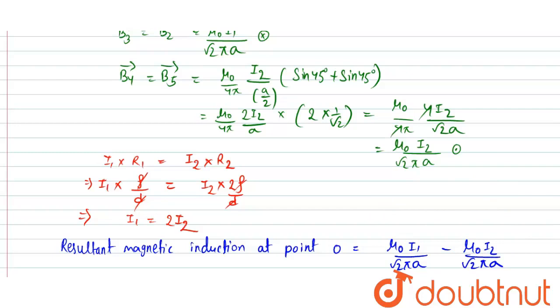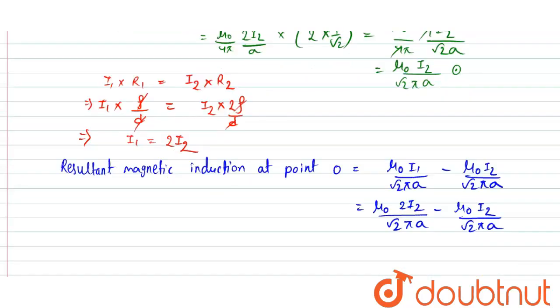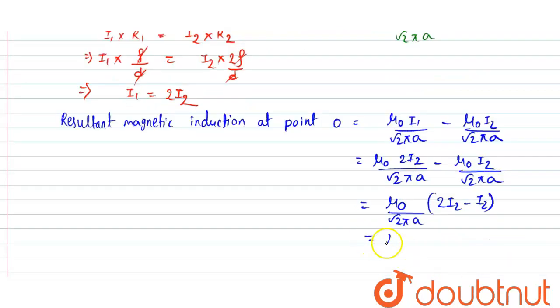So you can say that mu naught, here in place of I1 we can put 2 I2, by root 2 pi A minus mu naught I2 by root 2 pi A, that is equal to mu naught by root 2 pi A into 2 I2 minus I2, that is equal to mu naught I2 by root 2 pi A, and the direction will be outwards of the plane.